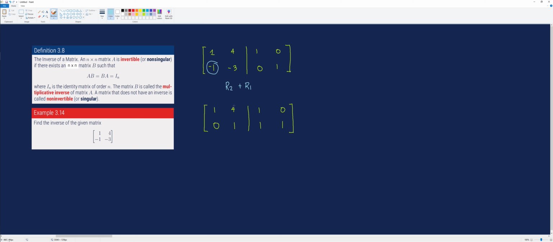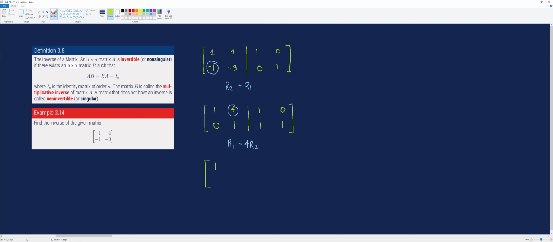Finally, we will need to change this 4 to 0. To do that, we will perform the row operation R1 minus 4R2. With this, we have 1 minus 4 times 0, that is still 1.